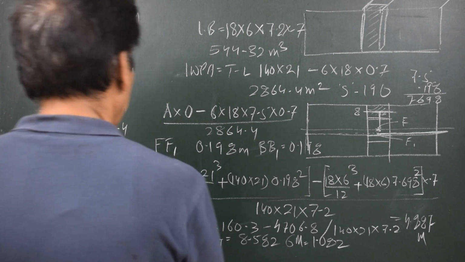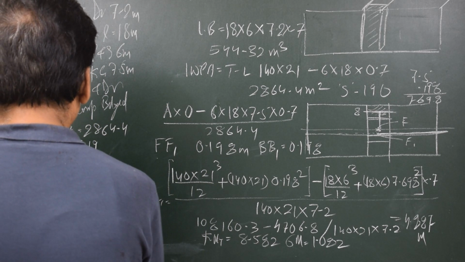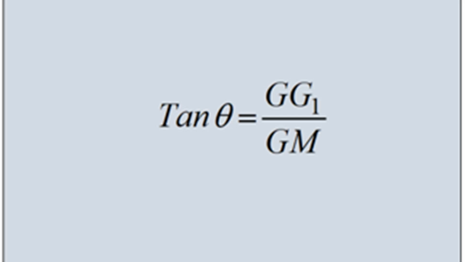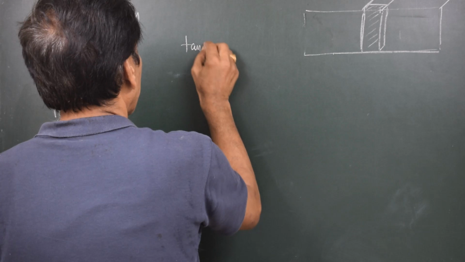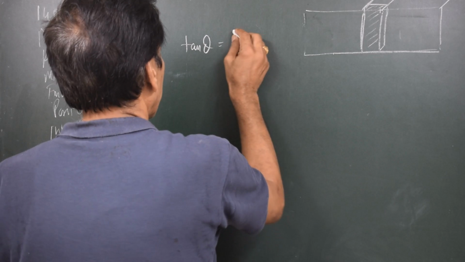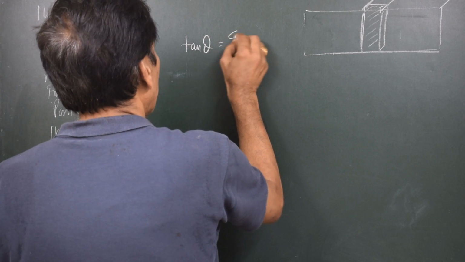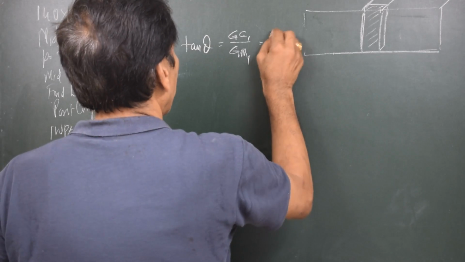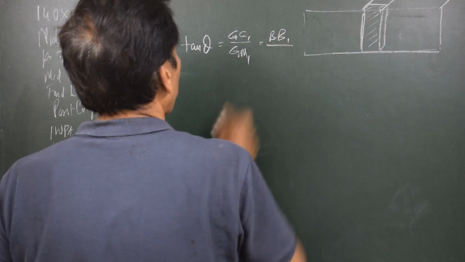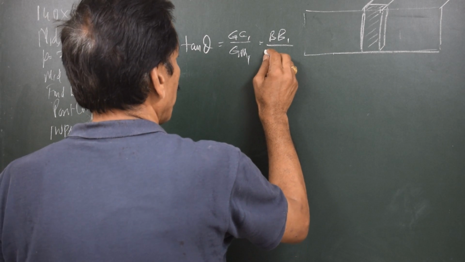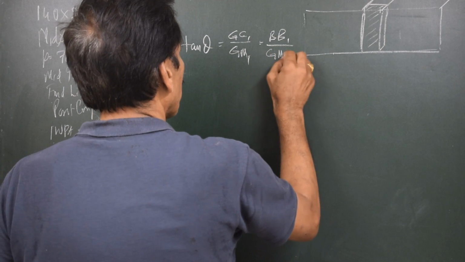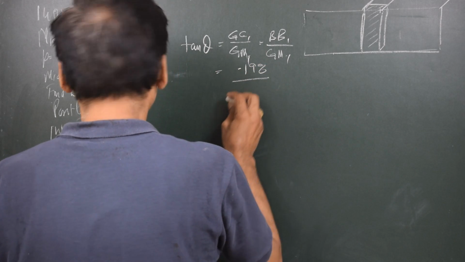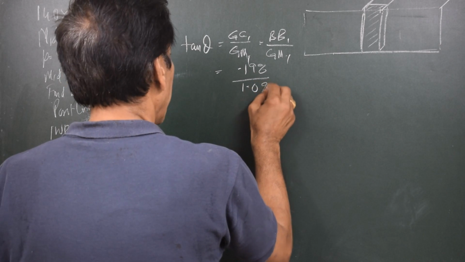I have the BB1 as 0.198. The list that is caused is given by this expression: tan theta is equal to GG1 upon GM transverse. In this case, we can take BB1 because for equilibrium, BB1 should be equal to GG1 approximately, divided by GM transverse. So BB1 is 0.198 and GM transverse is 1.082.